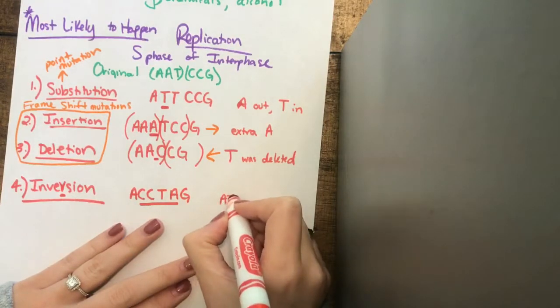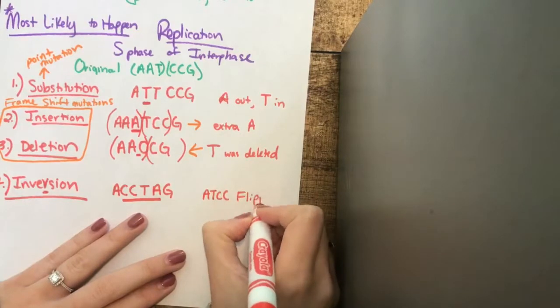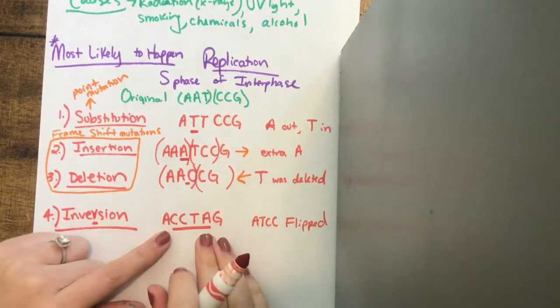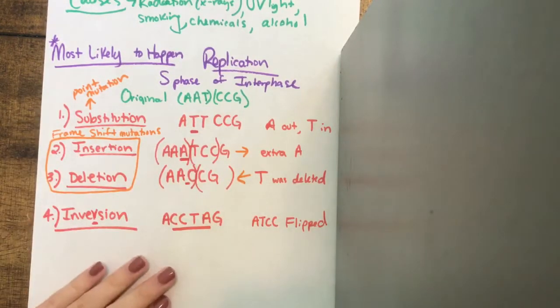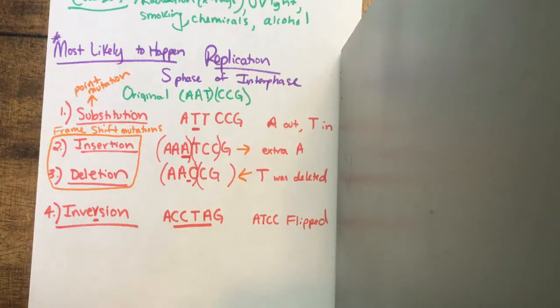A, T, C, C was flipped. And you can see that's going to change these 2 amino acids, but it's not going to change any of the ones after that. So yep, inversion just means to flip.